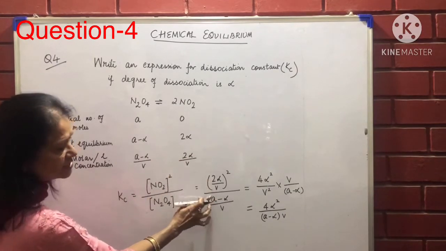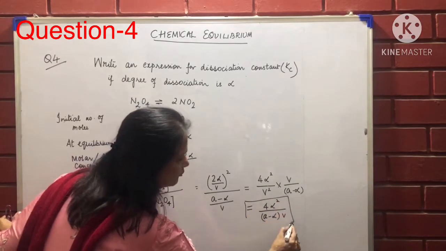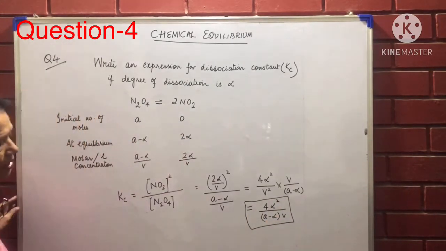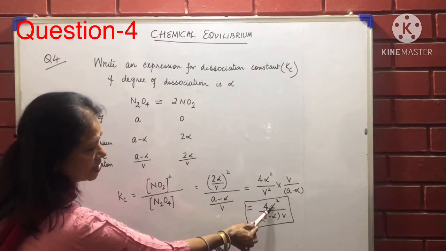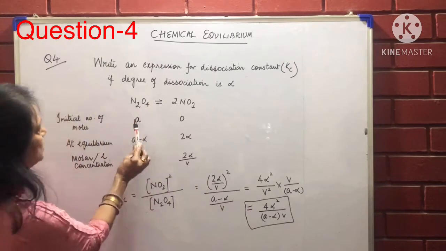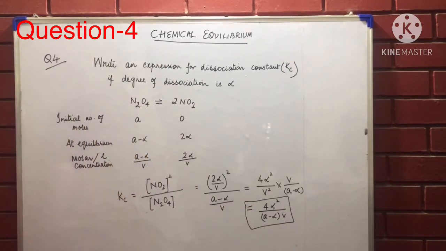Substituting these values here algebraically, I will get this answer in the end, 4 alpha square upon A minus alpha into B. That is degree of dissociation, whatever is given in the question, that comes here, and A is the initial concentration which is given in the question.